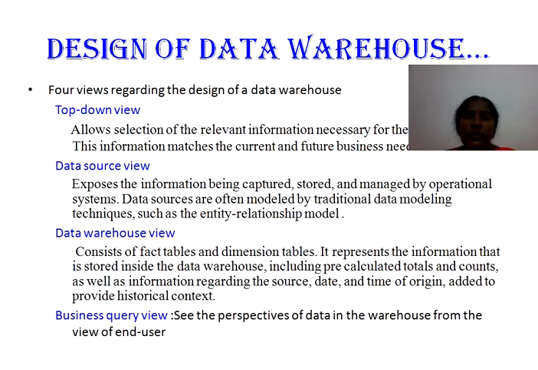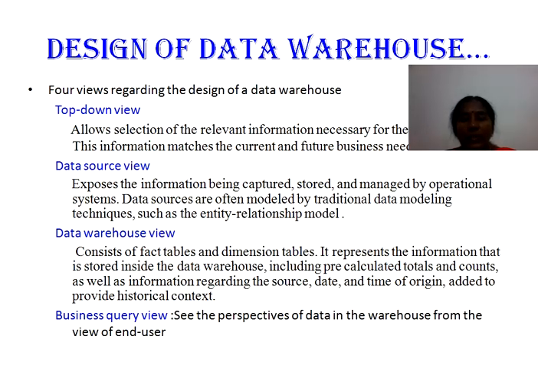Data source view: we already know that the data for the data warehouse comes in different ways. It is from either operational systems or from traditional relational database management systems, such as the entity relationship model. So we are getting data from different data sources. Data warehouse view consists of fact and dimension tables. We learn several different models of data warehouse: snowflake, star, and fact constellations.